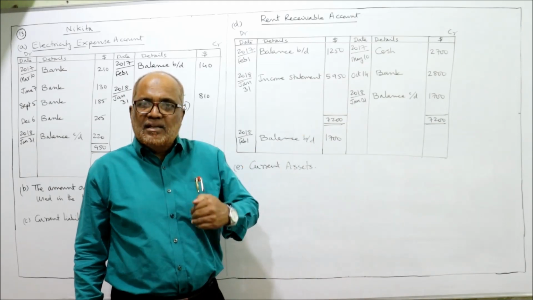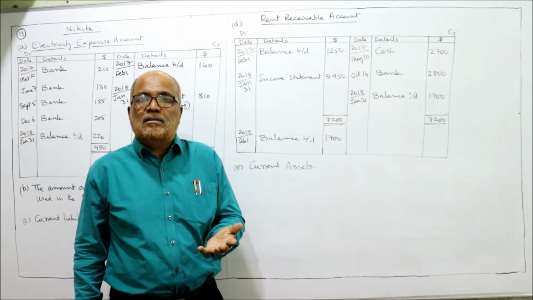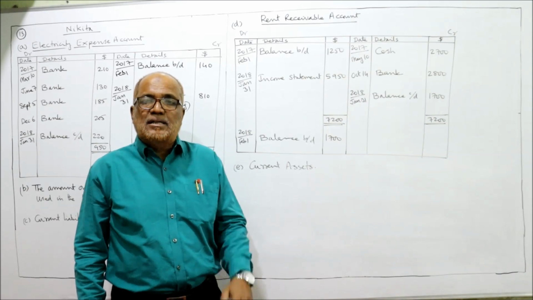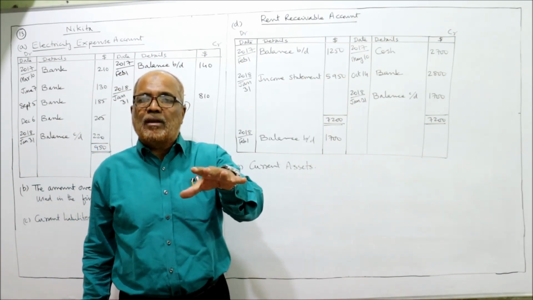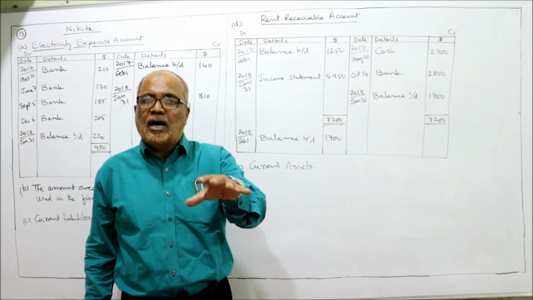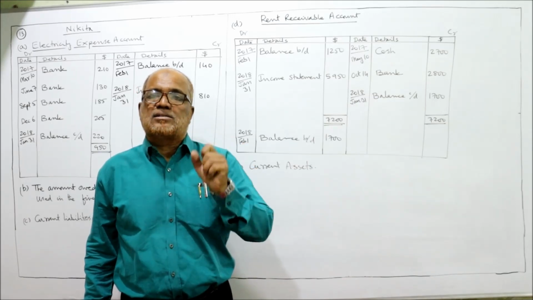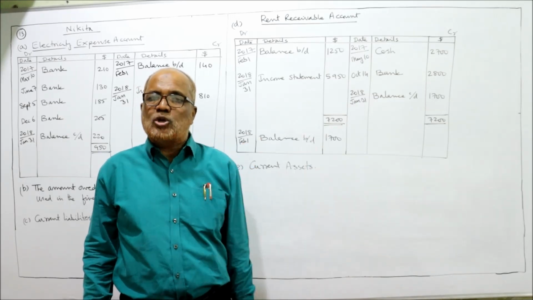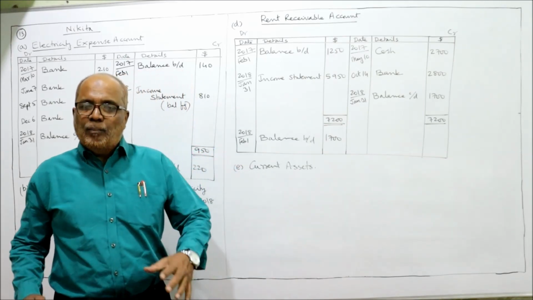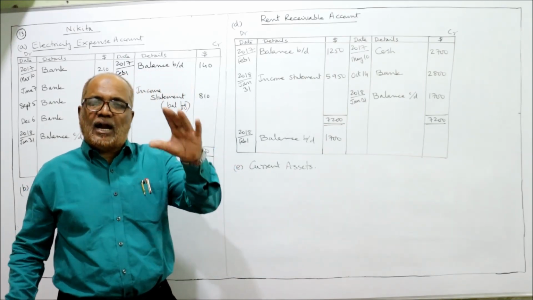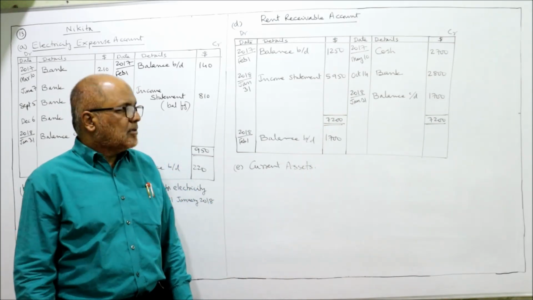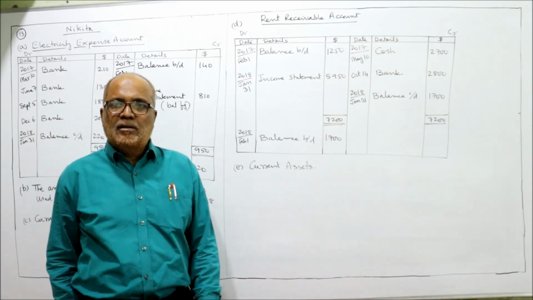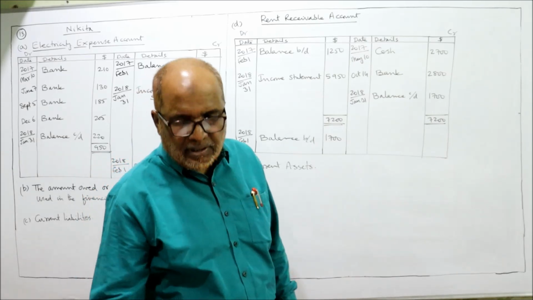When the amount is receivable, it's an asset. So this $1,700 will be shown under the current assets of the statement of financial position. So when you make the statement of financial position, under current assets, write down $1,700. That's it. This is the end of problem number 13.